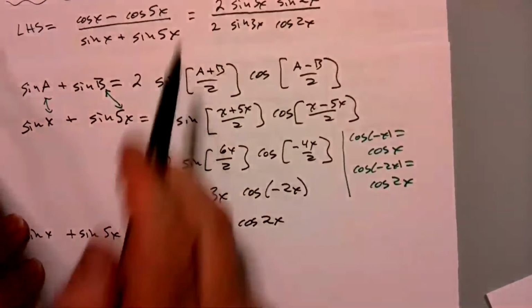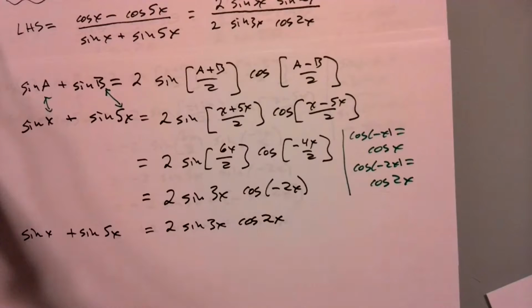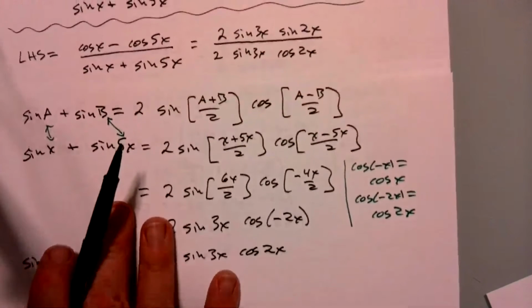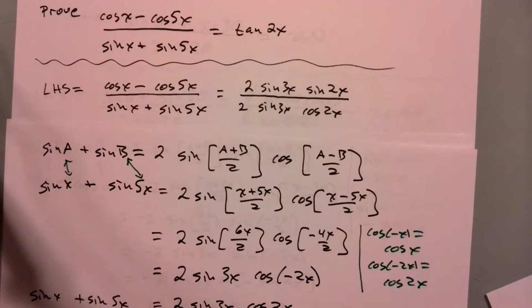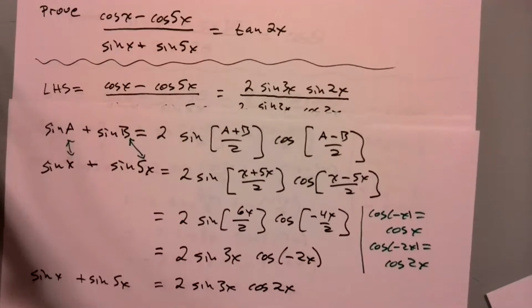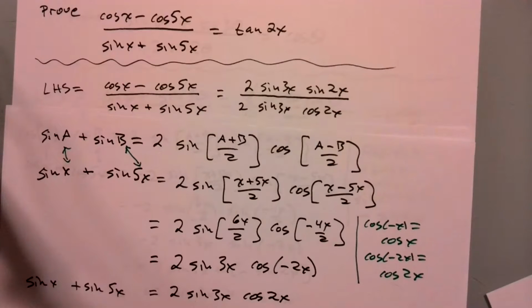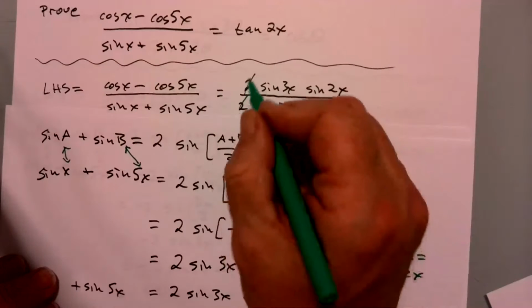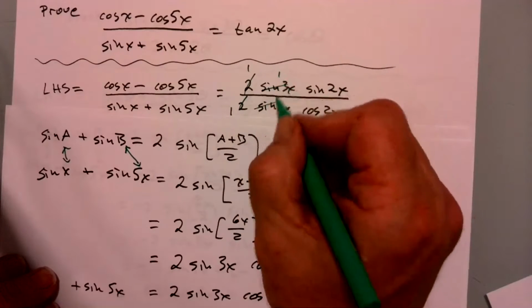Now take a look at what we're trying to prove. We want to prove that the left-hand side equals the tangent of 2x. Are we there yet? So here is our problem we wanted to do. We've done all that substitution work. We've gotten this far. So I hope you can see that the 2's cancel. 2 divided by 2 becomes 1 over 1. Sine of 3x over sine of 3x divides out, becomes 1 over 1.